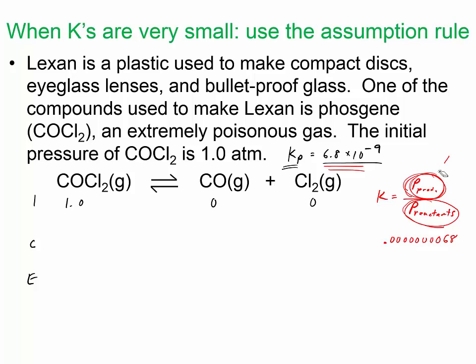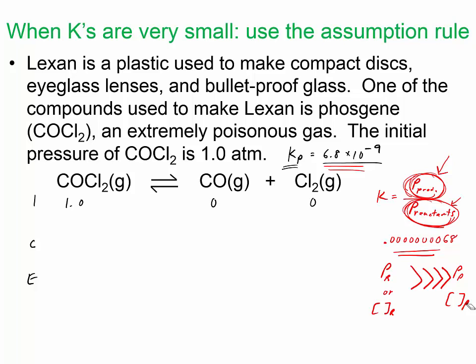Maybe it doesn't necessarily mean this is super small, but when you compare them, this must be way bigger than the reactants. So that's what this means. The partial pressure or concentration of your reactants is way bigger than your partial pressure or concentration of your products when your equilibrium constant is that tiny.